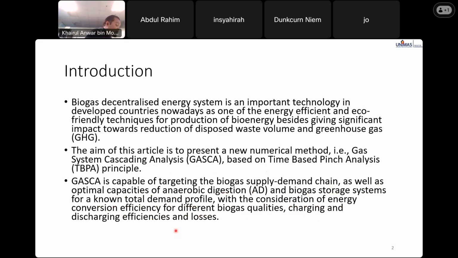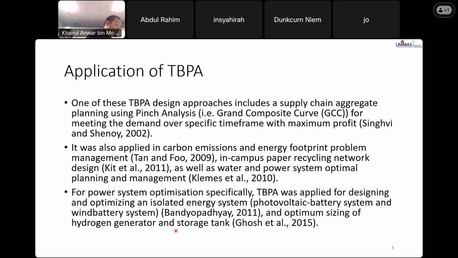For this case, GSCA is one of these TBPA, time-based pinch analysis.